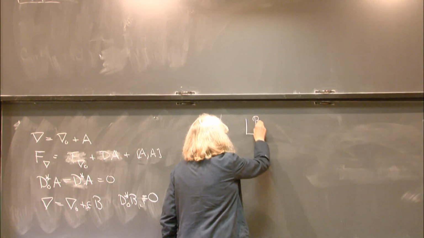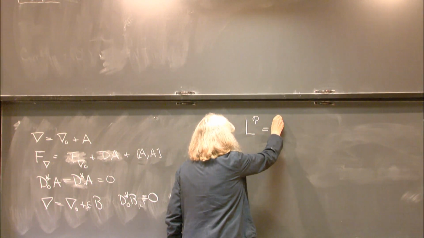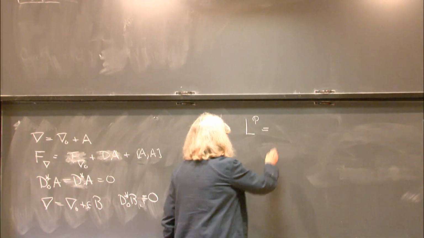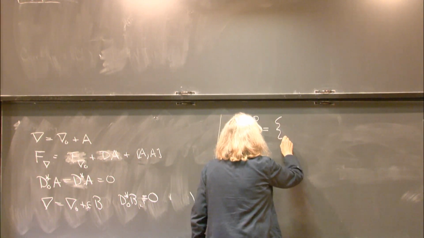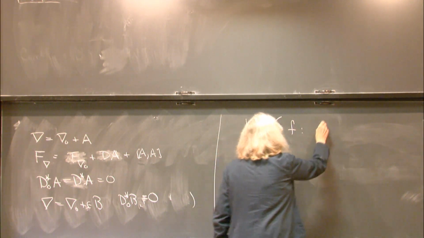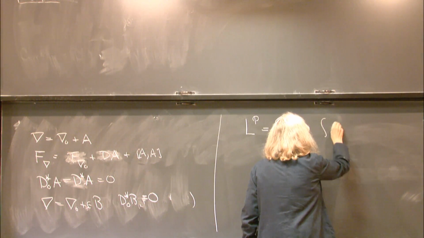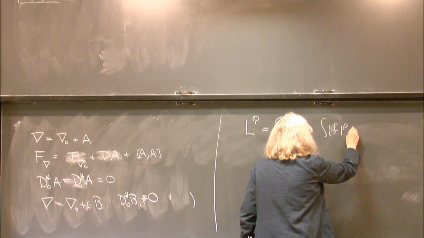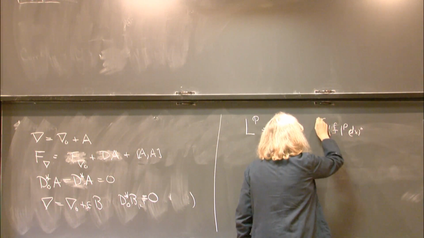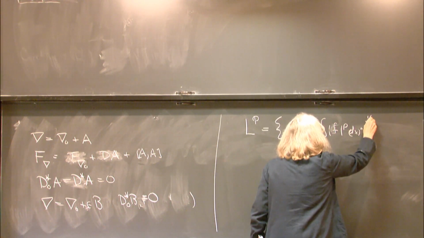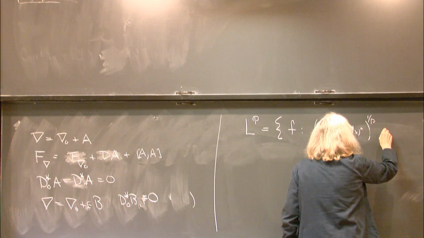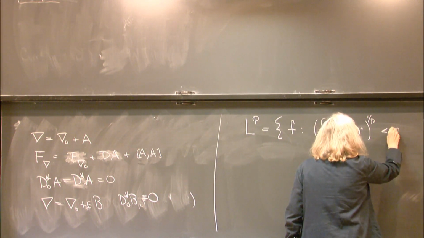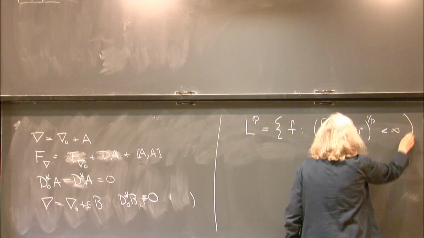the L^p spaces, these are the set. And remember, we're going to be on a ball all the time, so you don't have to worry about the geometry too much. And this is the set of f such that the integral of |f|^p is less than infinity, and that's the norm on the space.